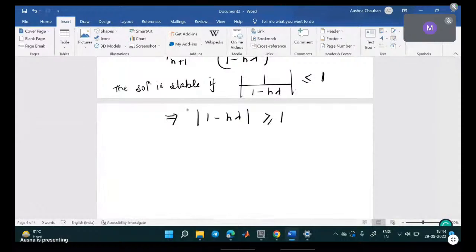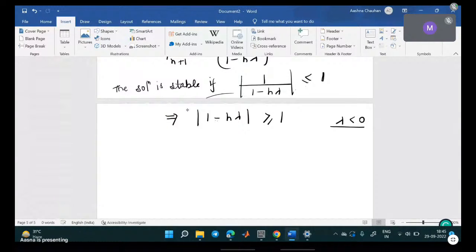This inequality also can be written as this. So now see, 1 minus h lambda is greater than or equal to 1 only for negative values of lambda, क्योंकि लैम्डा अगर नेगेटिव, बिकॉज h तो हमेशा पॉजिटिव होता है, अगर लैम्डा नेगेटिव हुआ तभी 1 से ग्रेटर वैल्यू देगा.